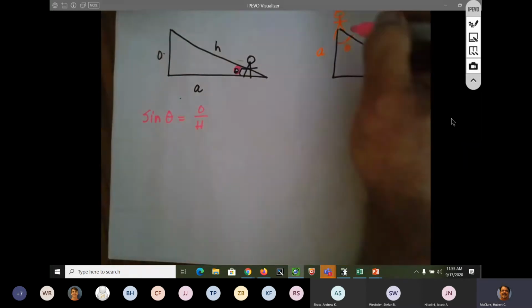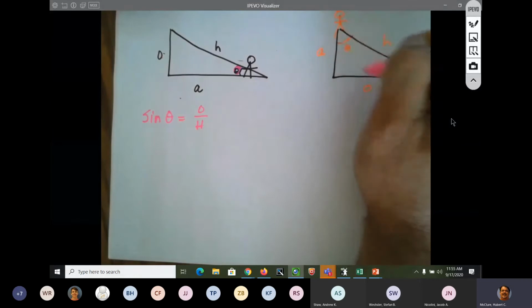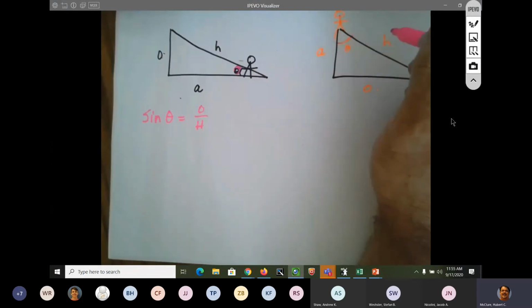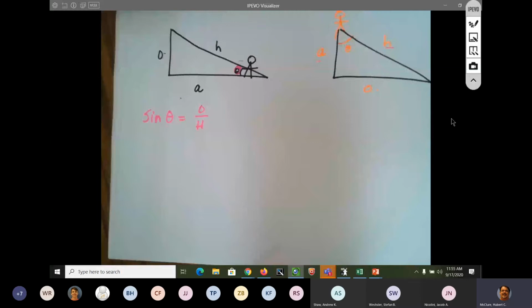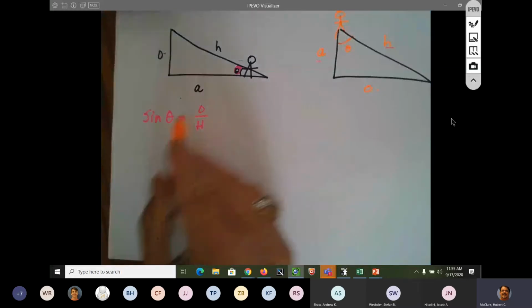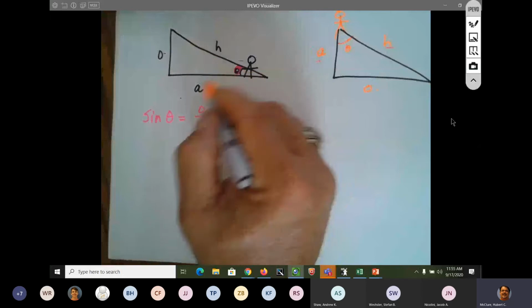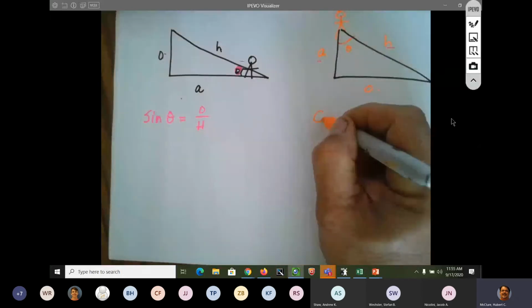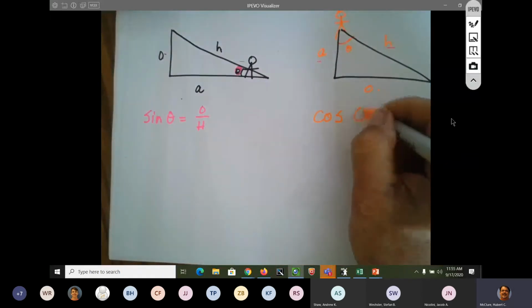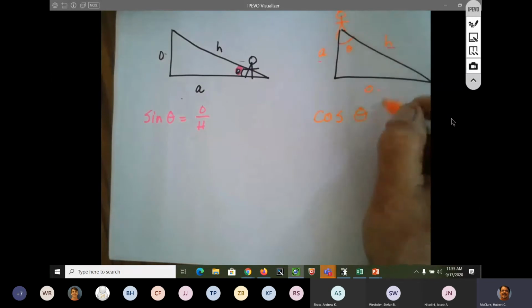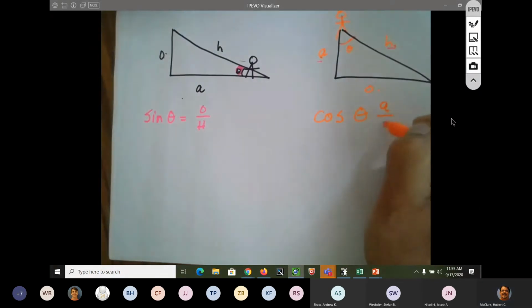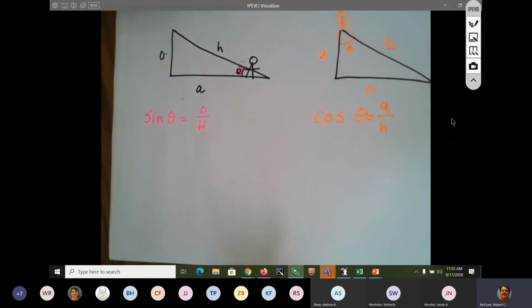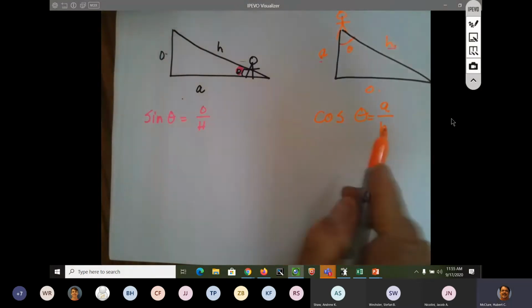The sine of this guy, or the cosine of this guy, Oscar had a hump. So the sine of this theta is equal to the cosine of this theta, which is equal to A over H. That's what they're saying.